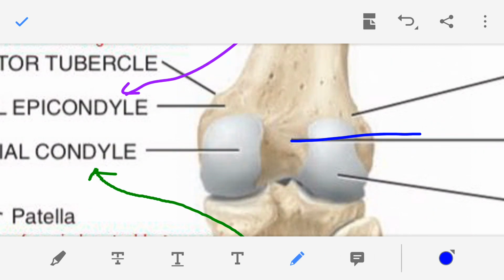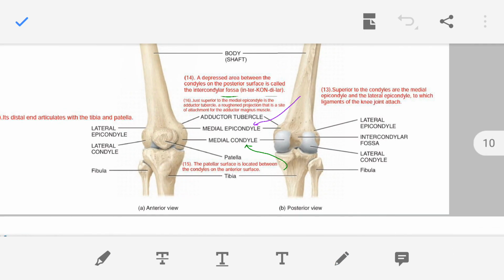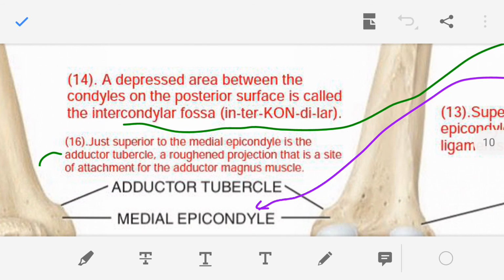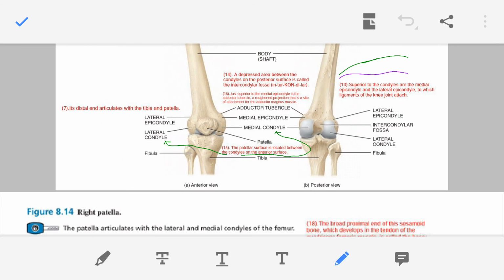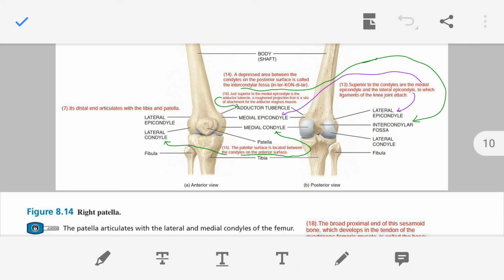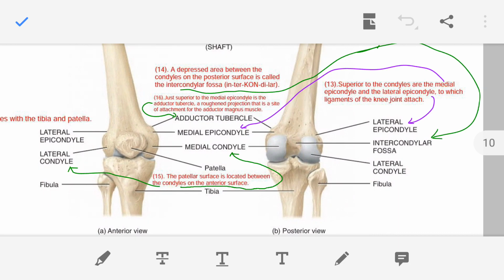So point number 14 is related to the depression which is present between the medial and lateral condyle, and this depression is known as the intercondylar fossa. Now moving on to point number 15.